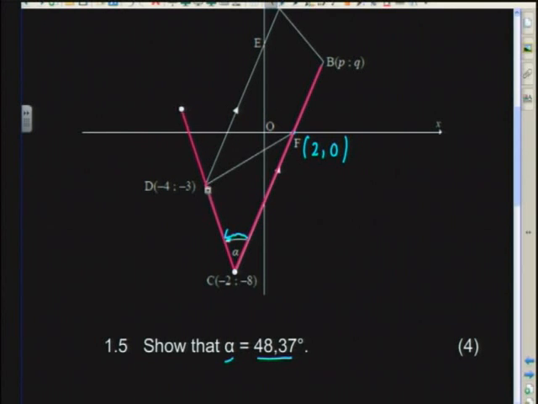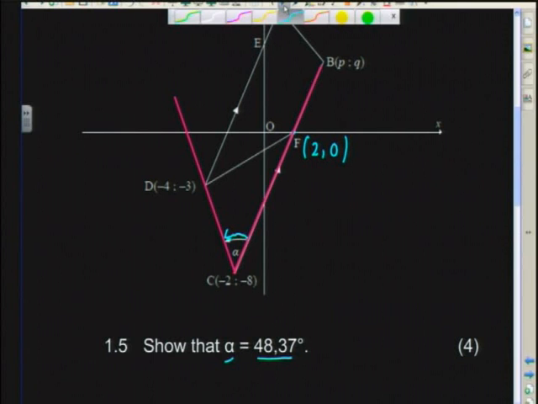Because remember, whenever we're working with angles of inclination, we're interested in the angle that it makes in the direction of the positive x-axis. So quite a mouthful. Okay, so that means I want to get to alpha. I can't get to it immediately because it's sort of sandwiched between two lines. But what I can do is use this line BC to work out this angle theta.